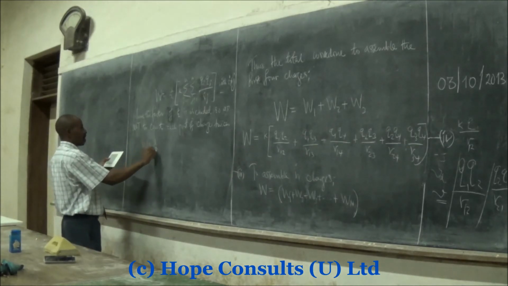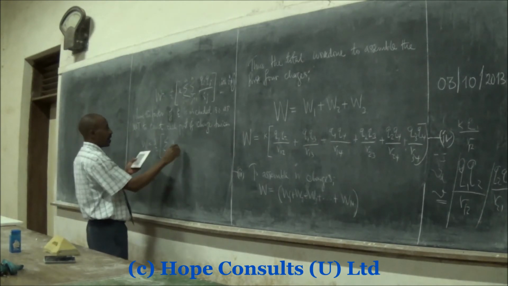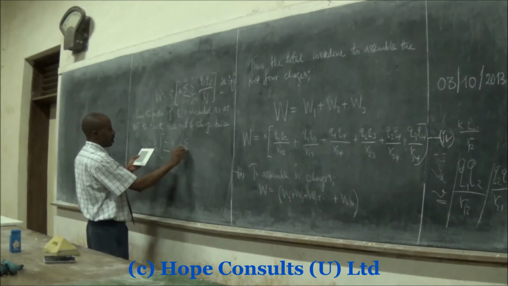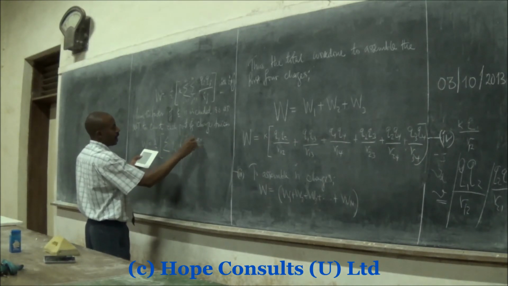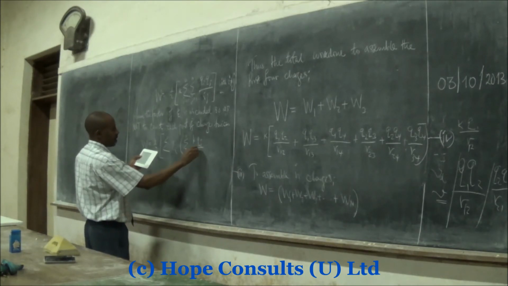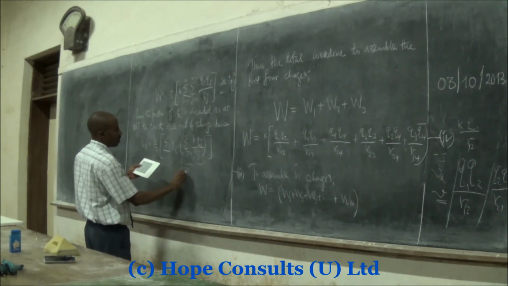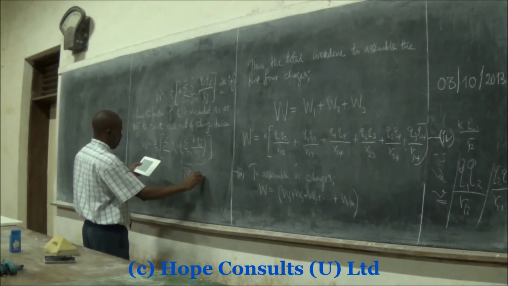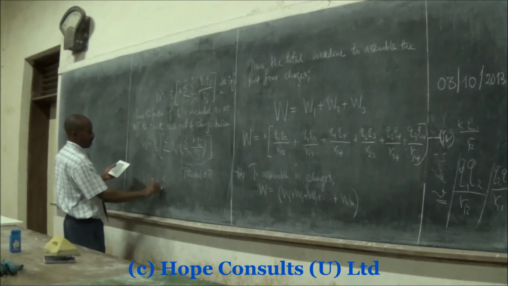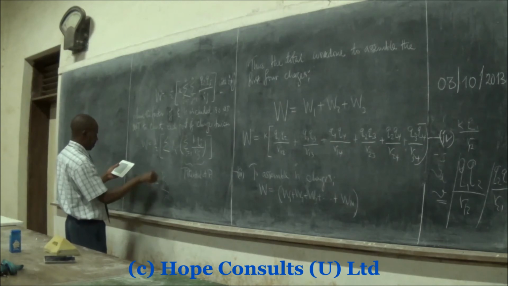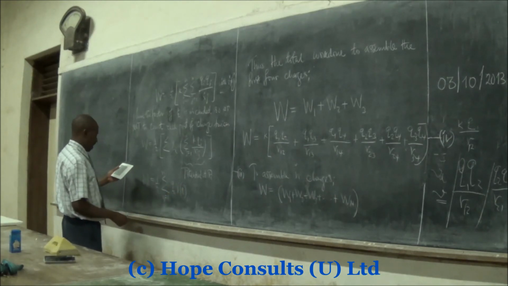Therefore, W will equal a half, just one second, Qi, and then we have summation j equal to 1 up to n, K Qj divided by Rij, just to make sure that we can single out what we call the potential at point Pi, and our W will be equal to a half summation from i equal to 1 up to n Qi V Pi.